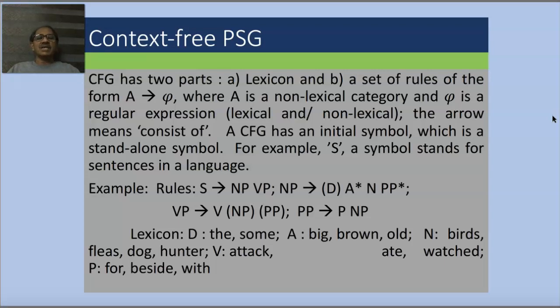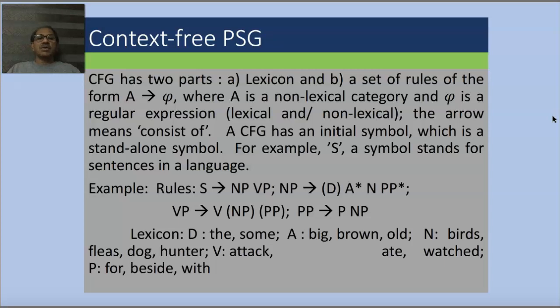Why are we calling it a regular expression? Because there may be recursion. If you remember, we used a star above a particular category to represent the recursion. And the arrow in this rule, A arrow phi, means consists of. A consists of phi.